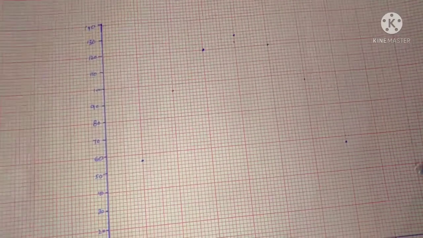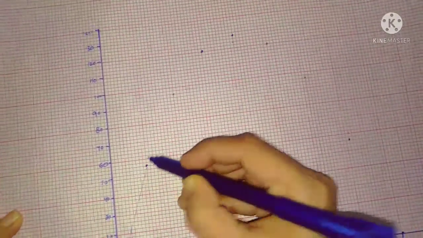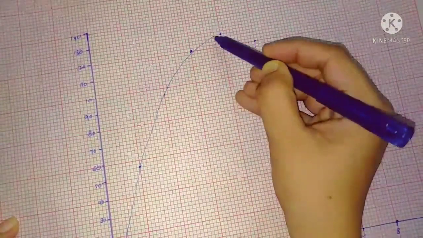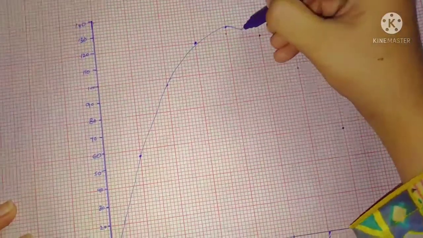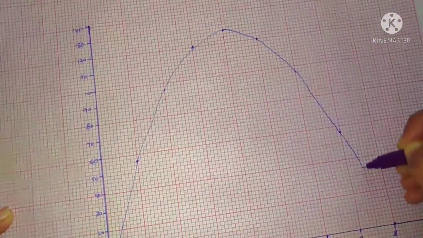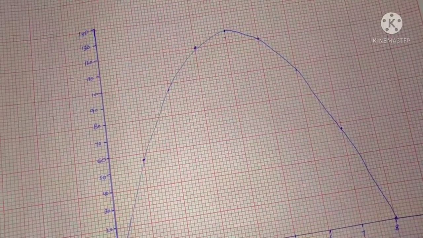On 8 it's 0, so again on 8 it's 0. Now join the points. When you join the points, your graph will look like this. Okay, this is your graph, this is how you have to draw the graph, and this was your part 2.